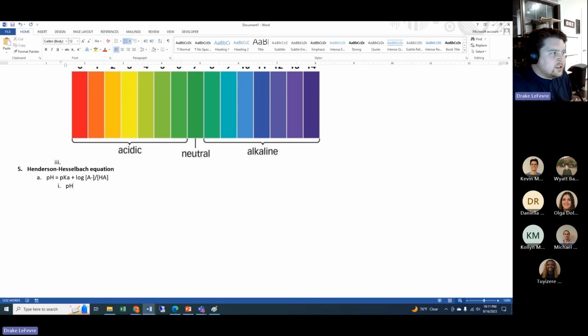Every single time there's an equation like this, I want you to break down each of the variables and write out what they actually are. So pH is the concentration of hydrogen ions. pKa, we have the A minus and the HA.